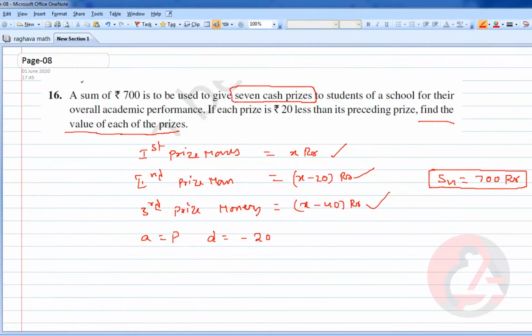See here, n is equal to 7. So from that, S7 is equal to 700. That is 7 by 2 into 2x plus (7 minus 1) into minus 20.